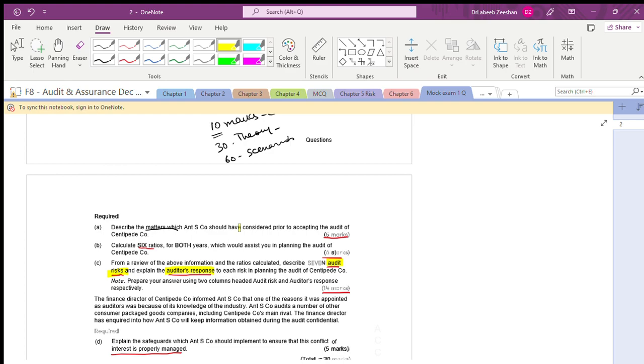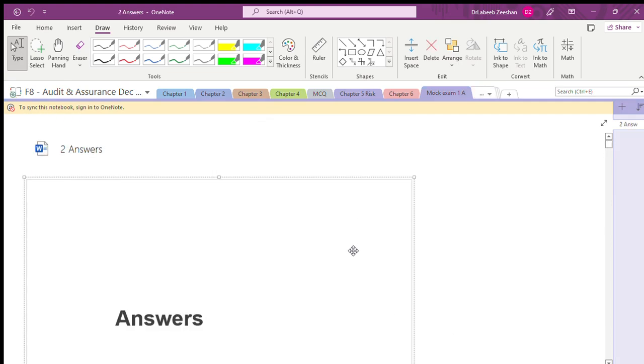You should make it 2 columns. We have not covered this. First we will complete 1, 2, 3, A, B, C. Then we'll go for point number D.